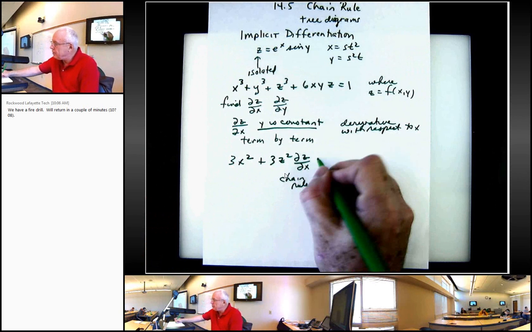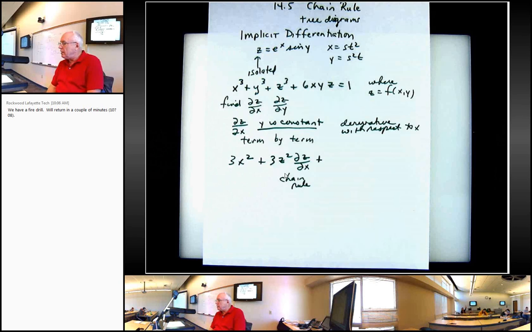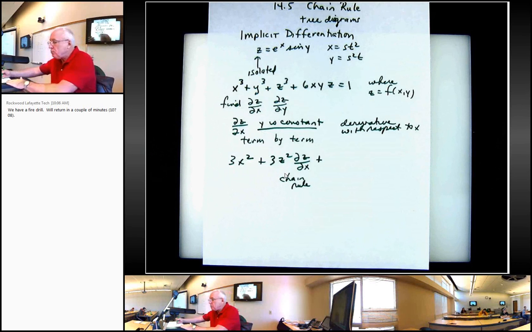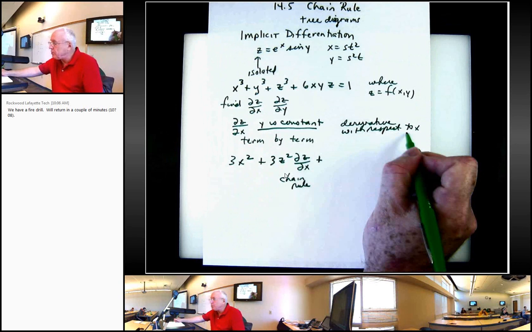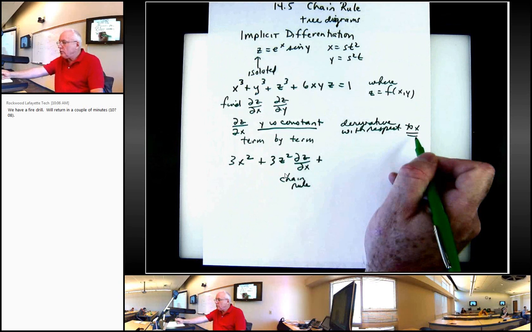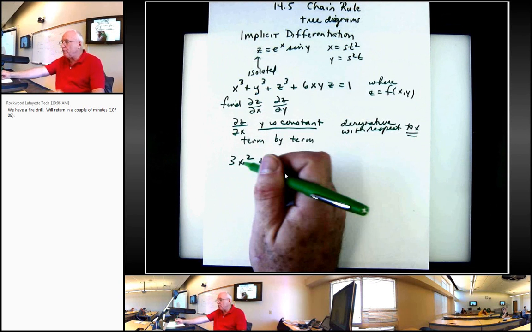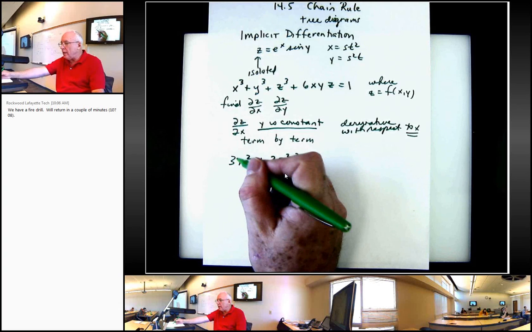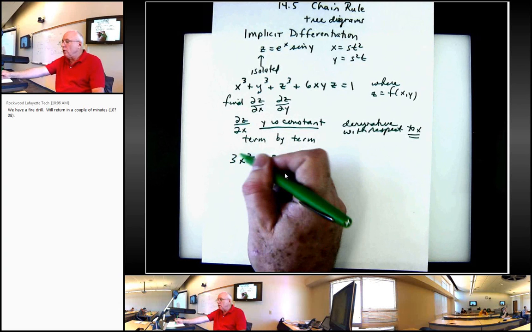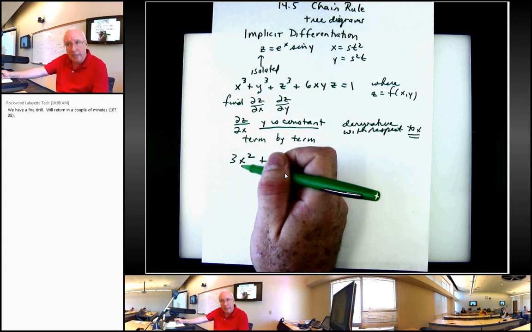And now we go to this term here. Okay, yes? You've got to keep in mind which variable I'm treating like a constant and which I'm not. Now we're doing the derivative with respect to x. For the first term, x cubed, the derivative is 3x squared.